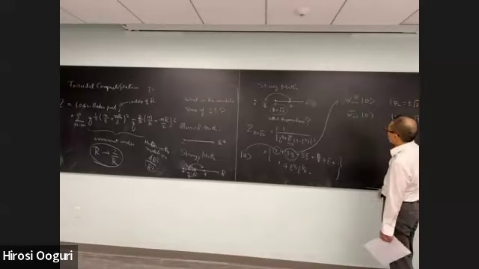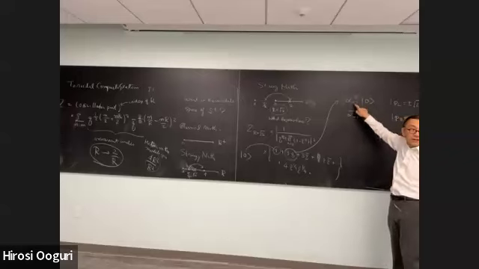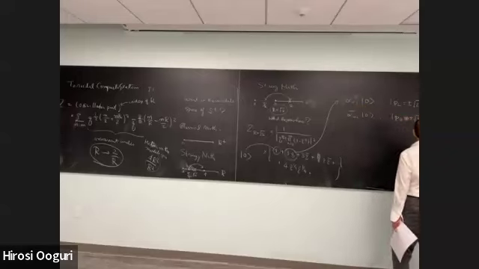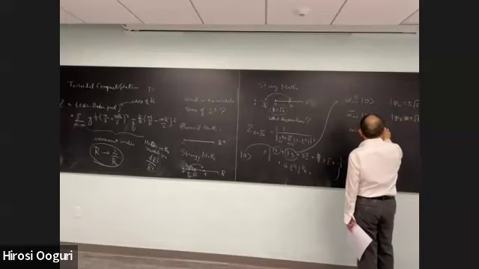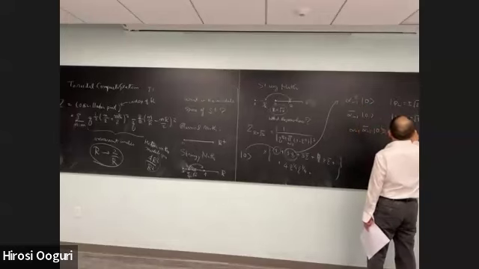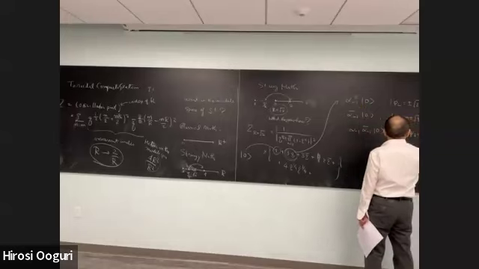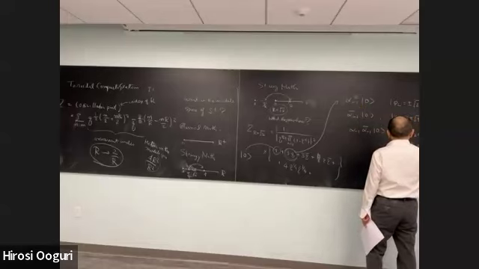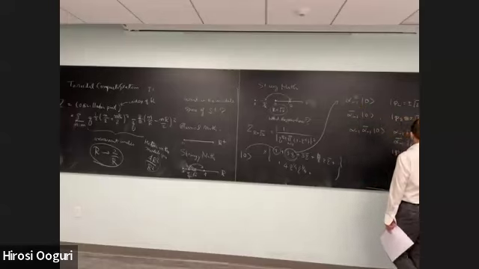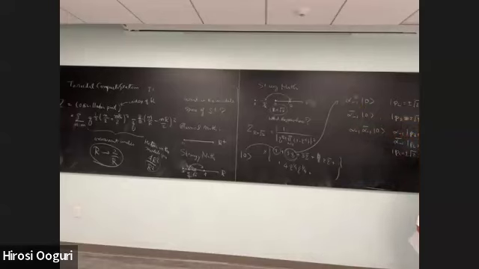And then these 9 are combinations of these. So you excite this and this. So the 9 states are like alpha minus 1 bar, alpha minus 1, P right is equal to plus minus square root of 2, alpha minus 1 bar, P left is equal to square root minus 2, and then P left is equal to square root minus 2, P right is equal to plus minus square root minus 2.